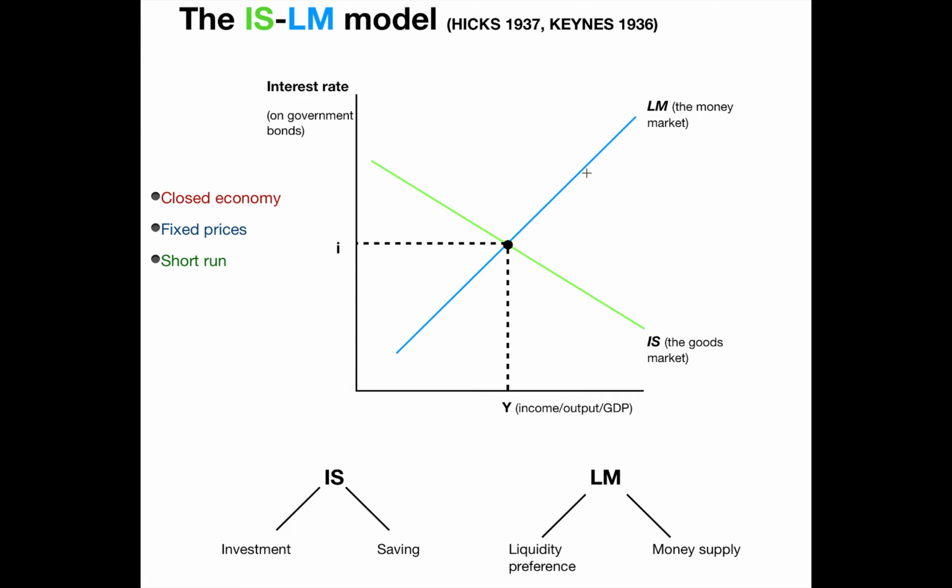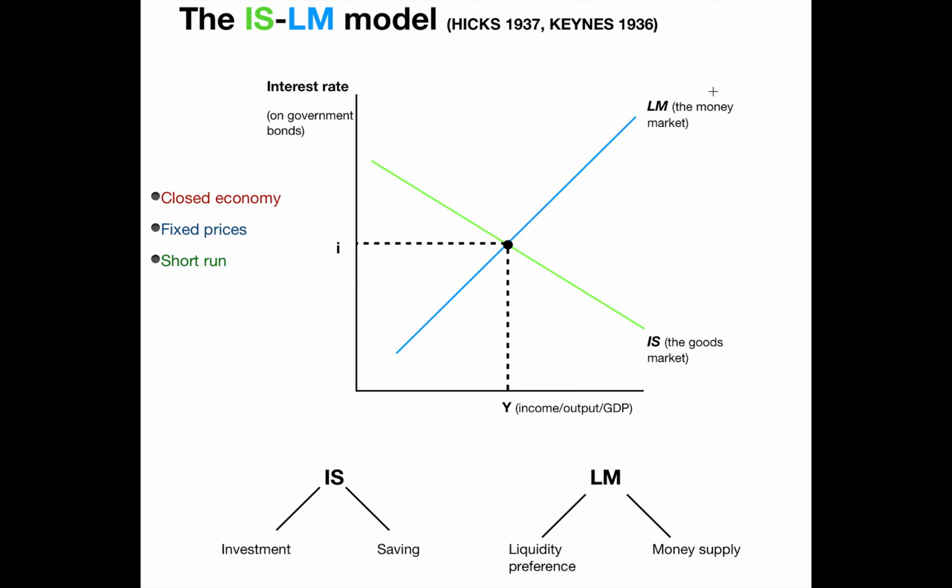There is another force, the LM curve, which represents the money market. L stands for liquidity preference, M stands for money supply. LM represents the money market. The equilibrium condition, what can make this market exist in its own equilibrium, the assumptions for this are the following.